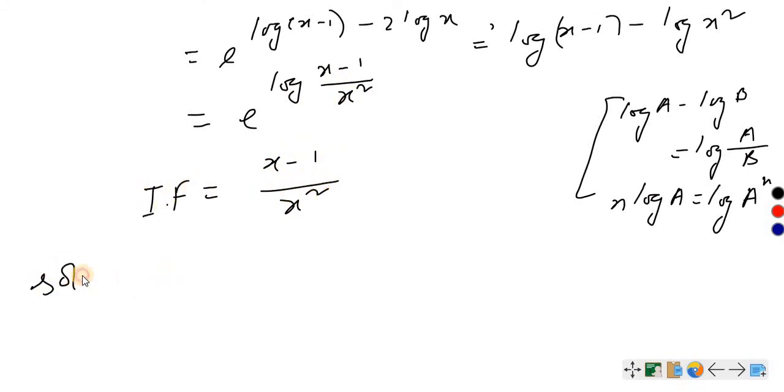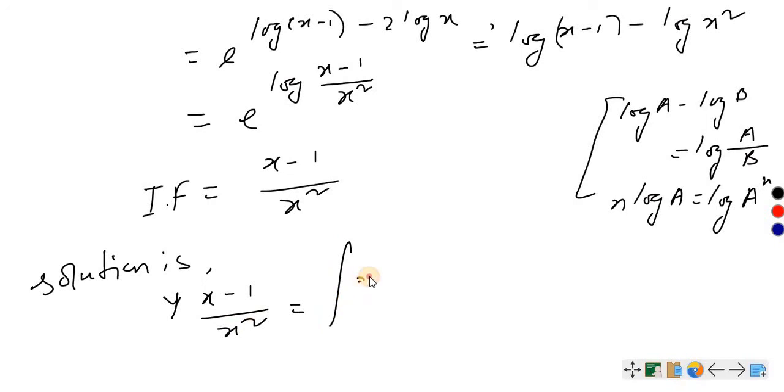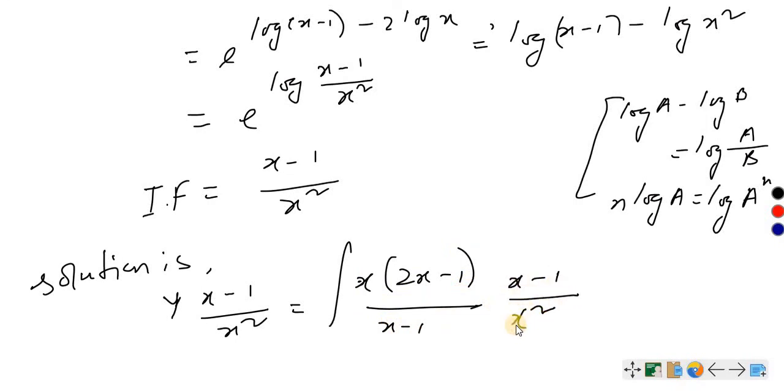Now the solution is y times the integrating factor, that is (x − 1)/x², equal to the integration of Q times the integrating factor. What is Q here? That is x(2x − 1)/(x − 1) into (x − 1)/x², dx, plus c.